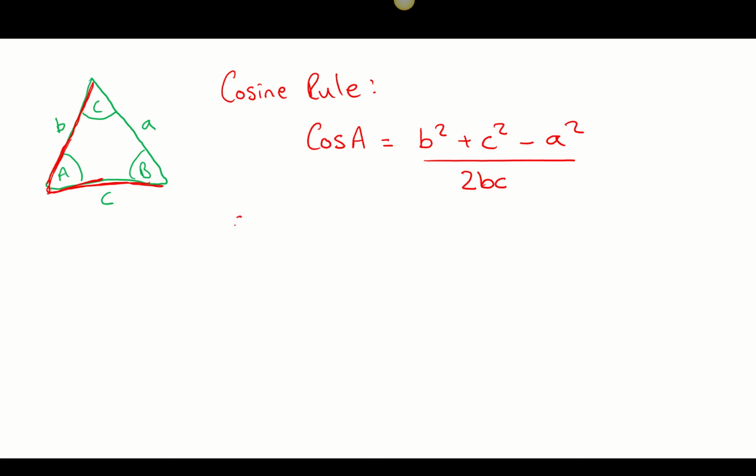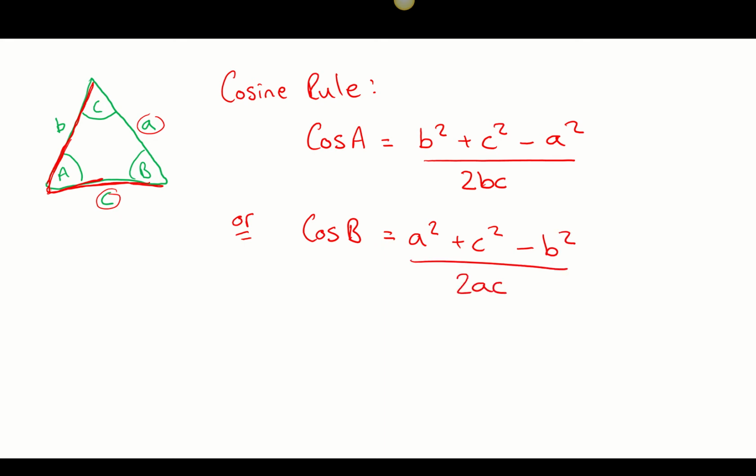Likewise, we could have the cosine of B. With B, it's going to be sides C and A that make it up. So they're going to be the ones that get positively squared, and it's going to be minus the side opposite, which is B squared, and then 2AC.